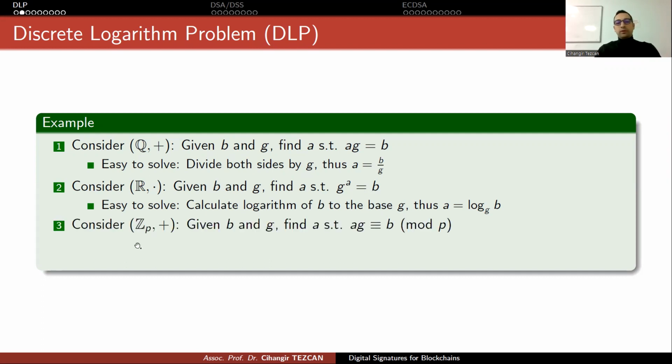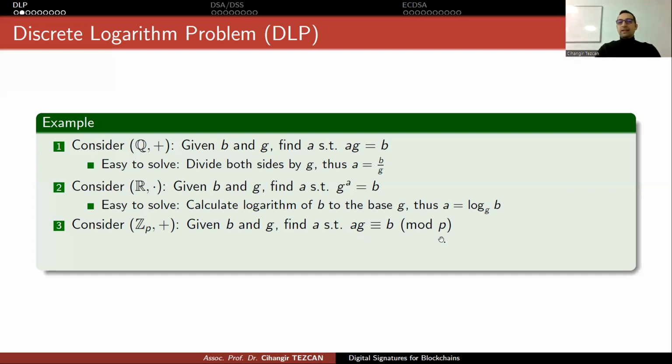So let's go on to finite groups. In this case, it becomes more meaningful for our examples. Now I'm looking at the group Z_p with addition. Now your aim is to find again A such that A times g is equivalent to B modulo p.